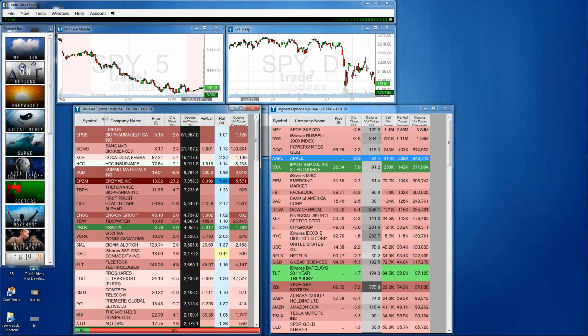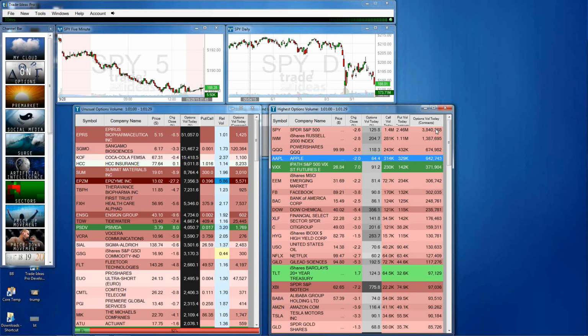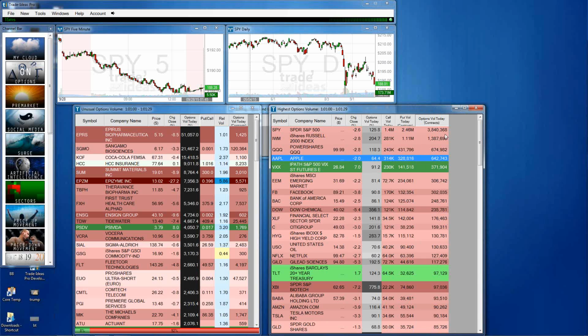So we've got unusual options volumes today as a percentage here. We got the contracts here. Okay, so here we can see that this list is being default sorted by the options volume today. Yes, it's high options volume, but it's looking strictly at contracts.